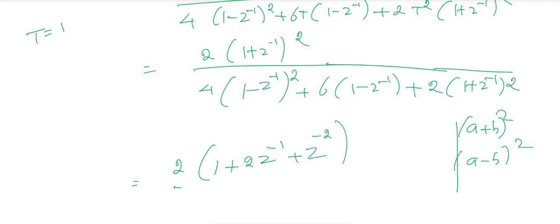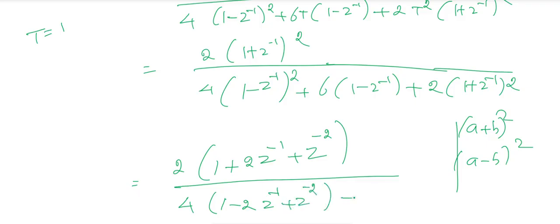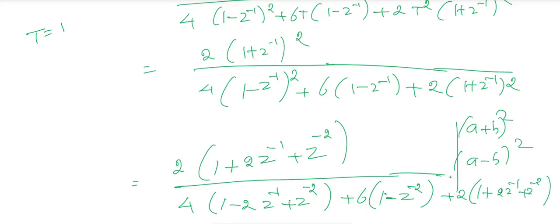Similarly 4 into a minus b the whole square, so a square minus 2ab plus b square, and plus 6 into 1 minus a square minus b square, which is z minus 2, and plus 2 into a plus b the whole square, so again 1 plus 2 z inverse plus z minus 2, this term.